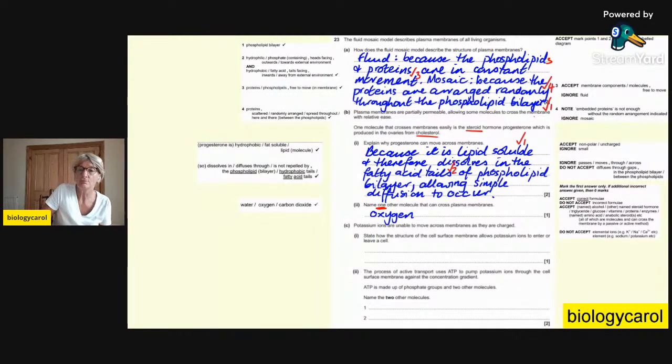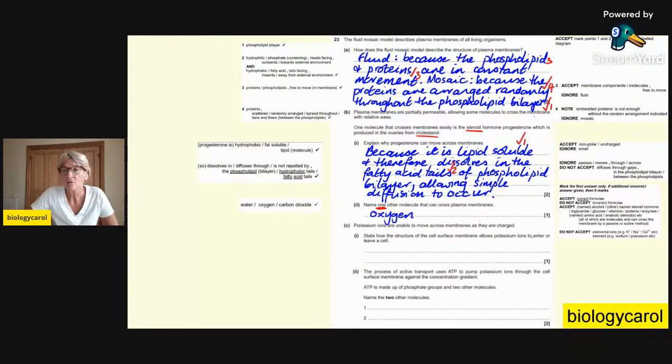So if it says one, you are only allowed to give one answer. It's called the list principle of marking. You can't just give a whole load of answers and hope that one of them is correct. Clearly that wouldn't be fair.